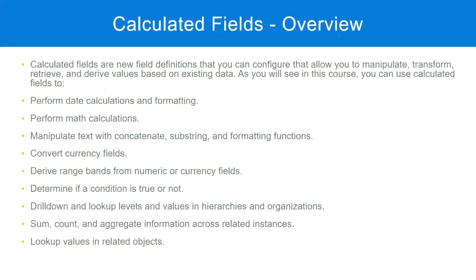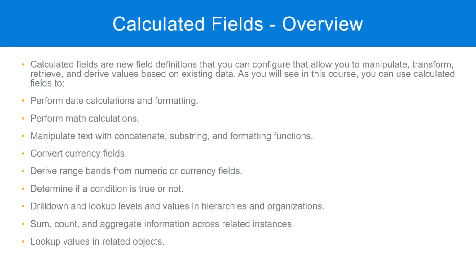Now, what can calculated fields do? Calculated fields are very powerful and help us do a lot of things, like perform date calculations and formatting. We can do date calculations, like the difference between two dates. We can add to a date and find out, let's say, 45 days from today. What is 45 days from the hiring date of a worker?